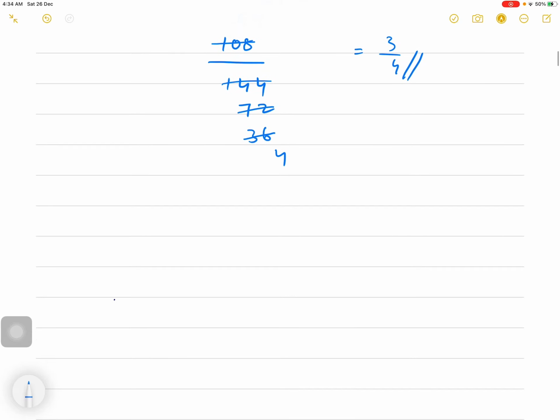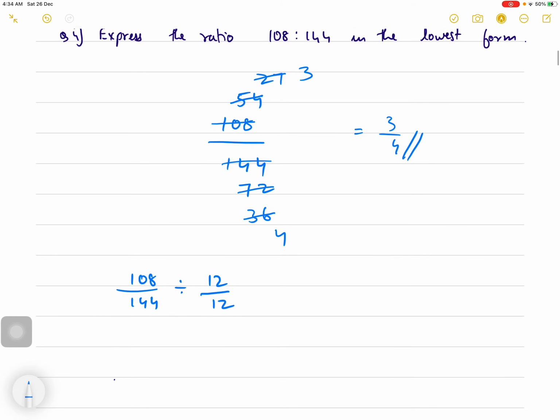Okay. So what I actually did is, the numbers were 108 and 144. I divided numerator and denominator by 12. So when I divide the numerator and denominator by 12, I get 9 by 12.